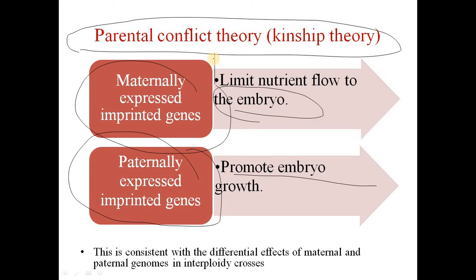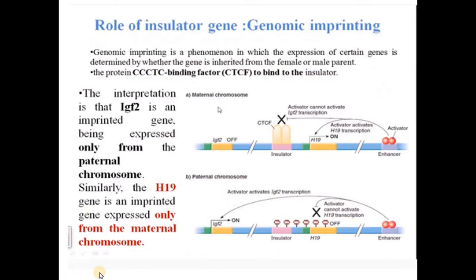That is why this is known as the parental conflict theory. And the first slide that you observed, where mother and father are stretching the DNA, is consistent with the differential effect of maternal and paternal genomes in interploidy crosses. That's why this theory is of prime importance while we are studying genomic imprinting.